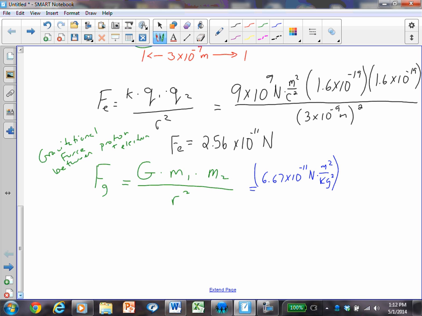And the mass of an electron, who knows the mass? Don't ask about the visual right now.